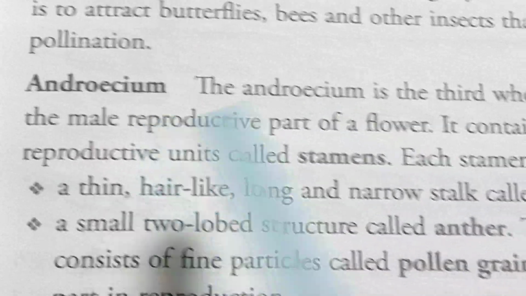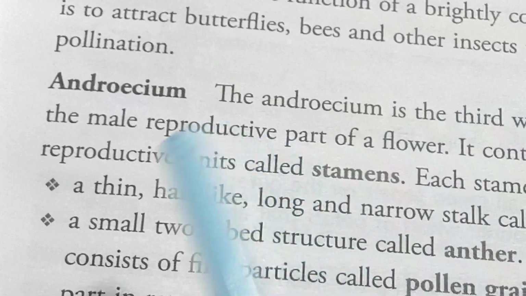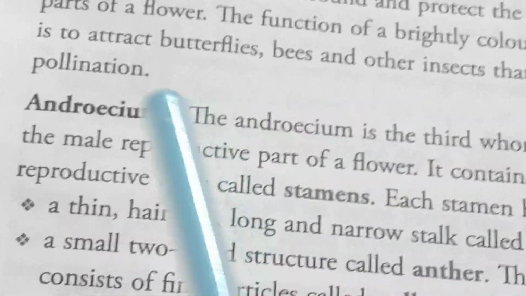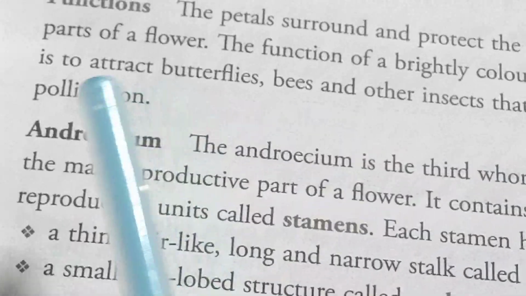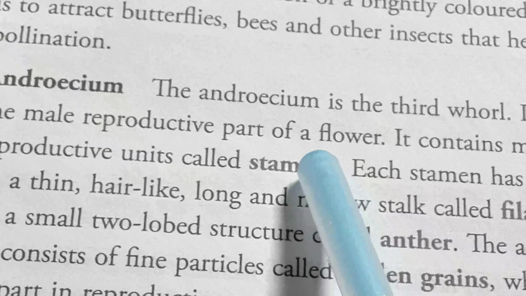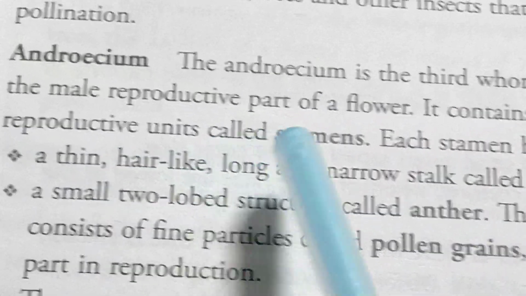Next, androecium. The androecium is the third whorl. It is the male reproductive part of the flower. Students, be careful about it: the male reproductive part is the androecium, and the female reproductive part of the flower is the gynoecium. It contains male reproductive units called stamens.